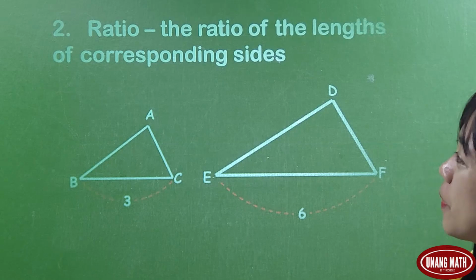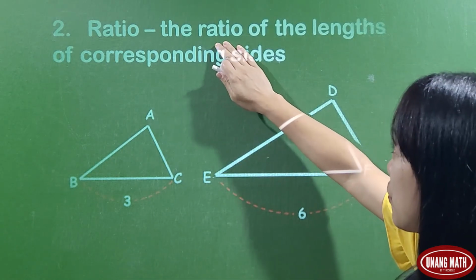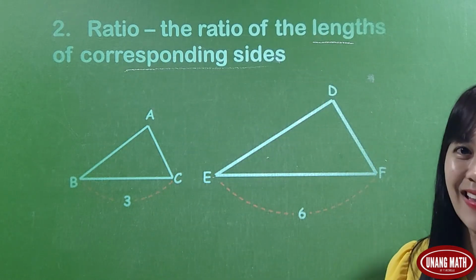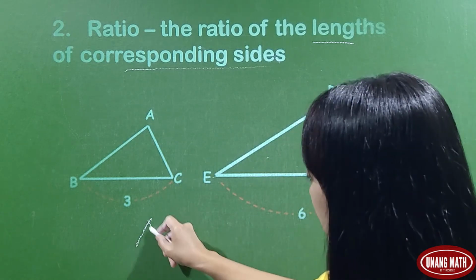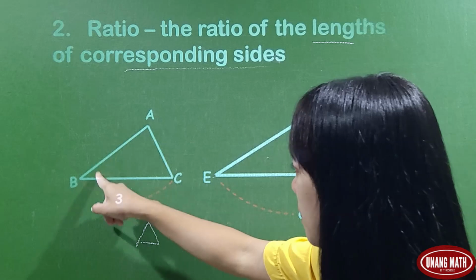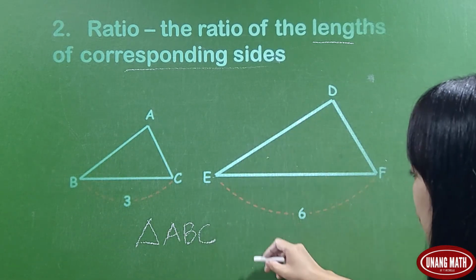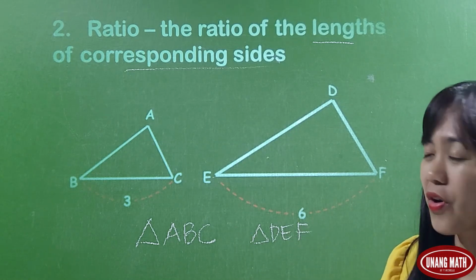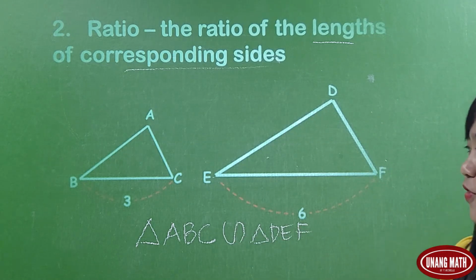So we have here these similar figures, specifically triangle ABC and triangle DEF. And these two triangles are similar figures.